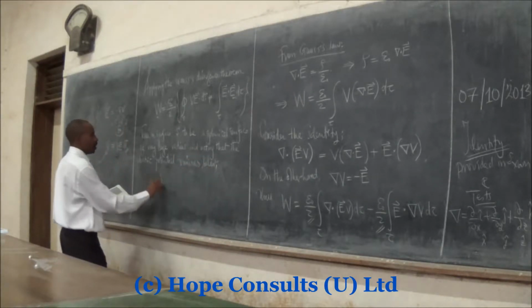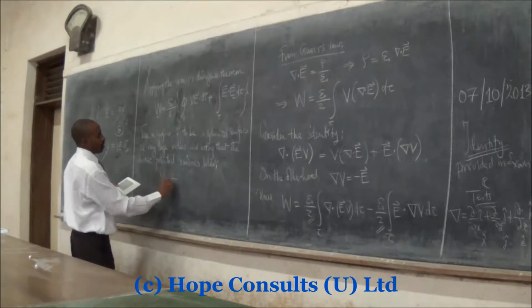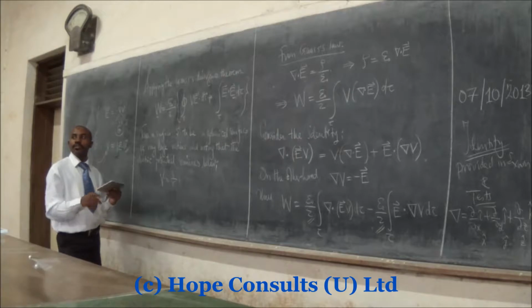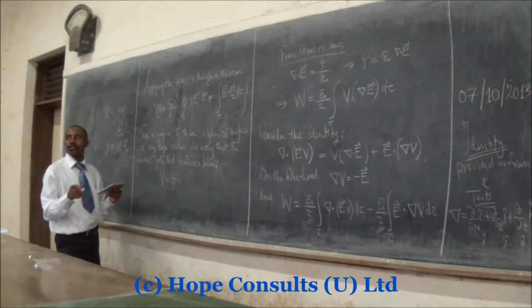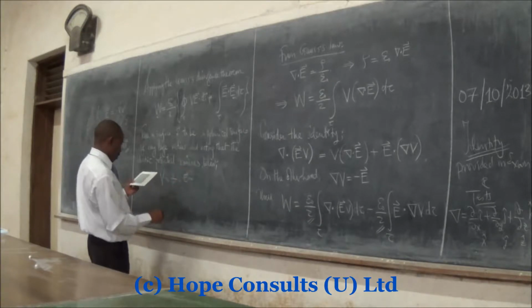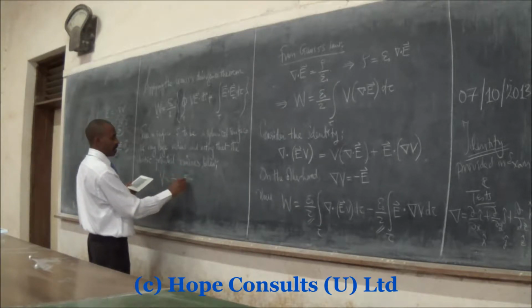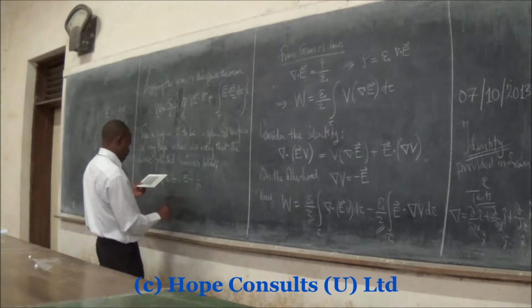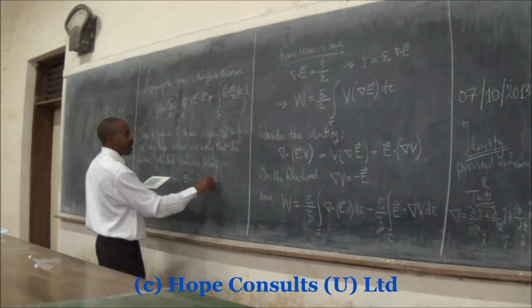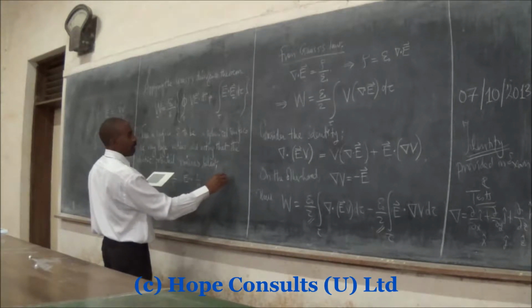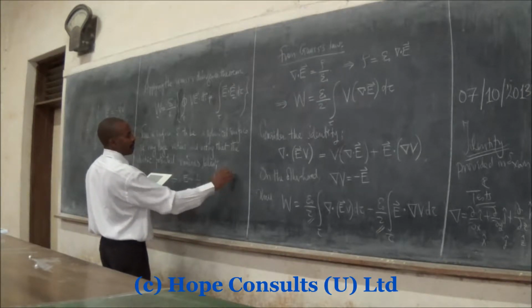We have that the potential varies as 1 over R. We know that the electric field is Q over 4 pi R squared, so it varies as 1 over R squared in magnitude. And we know that the area varies as R squared.